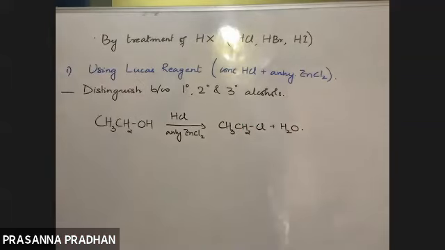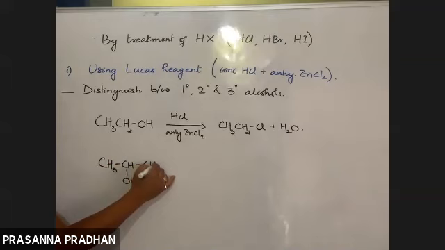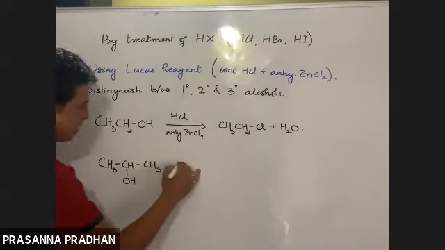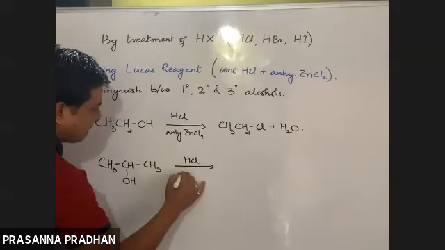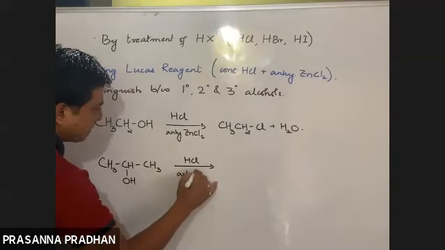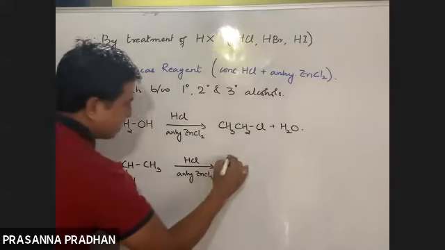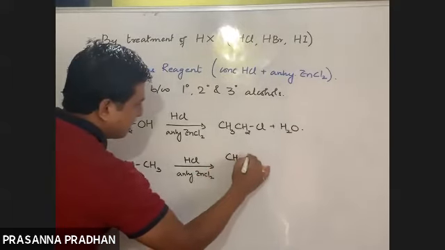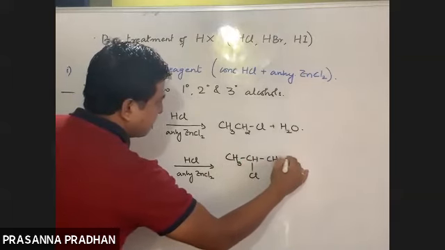Now let me take an example of other alcohols. This again on treatment with HCl and anhydrous ZnCl2, the OH will get substituted by Cl again.